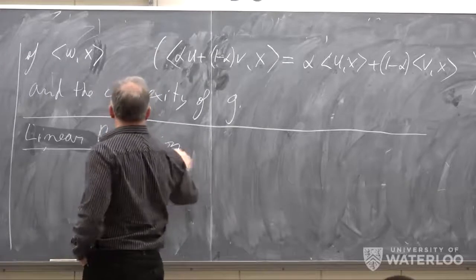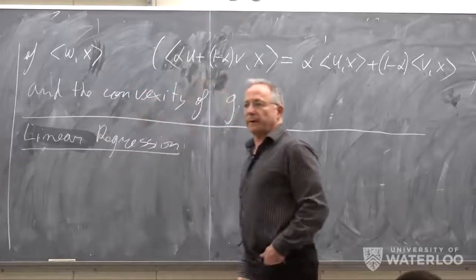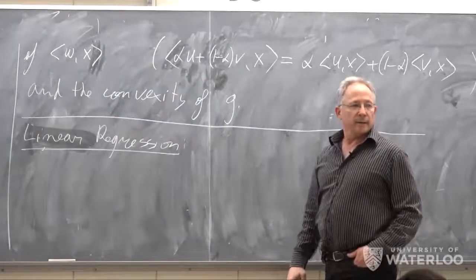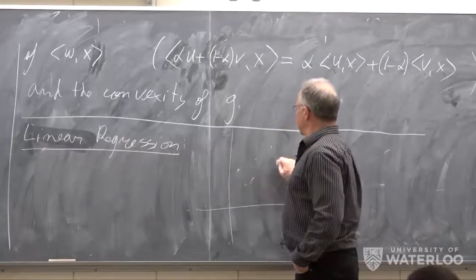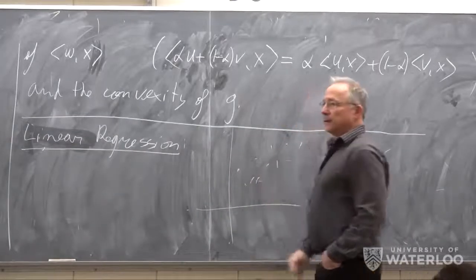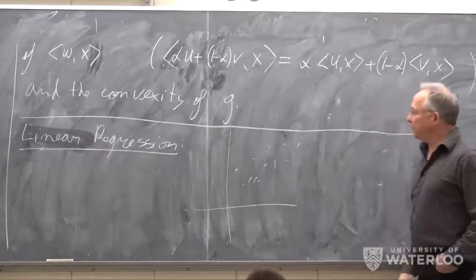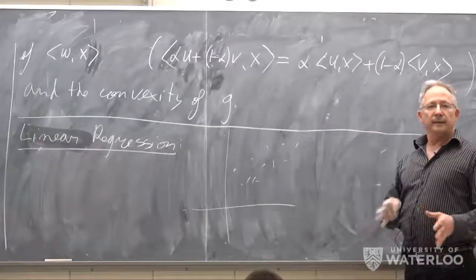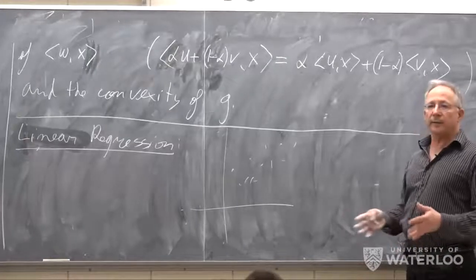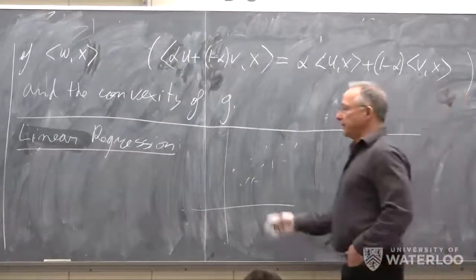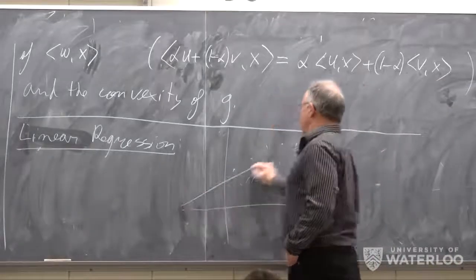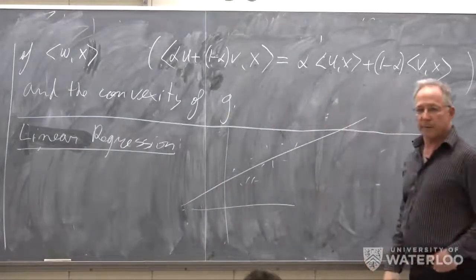So linear regression is a very common problem in statistics. You get a collection of points, and you somehow believe that they are describing a phenomenon that can be described by a linear function. So you're trying to find a linear function that fits these points as well as possible.